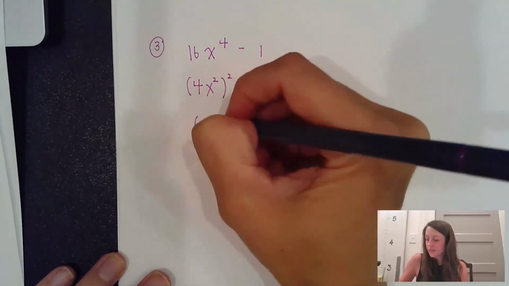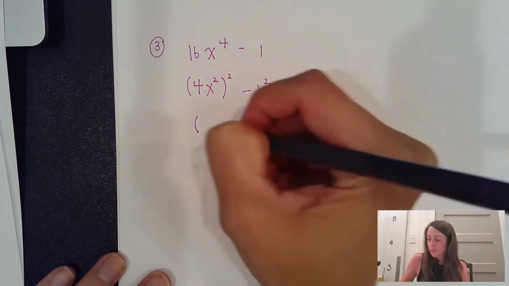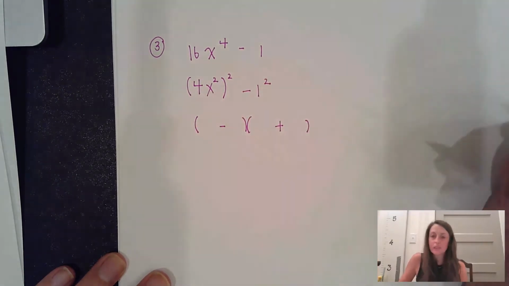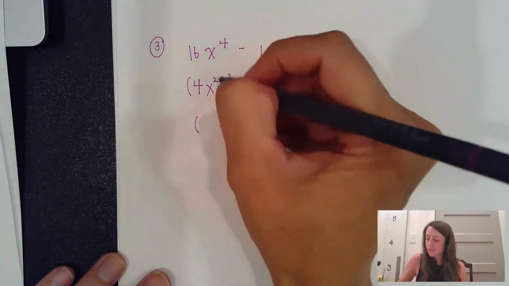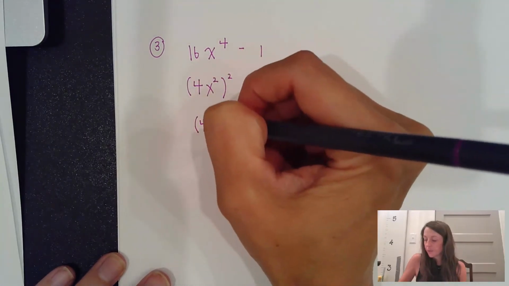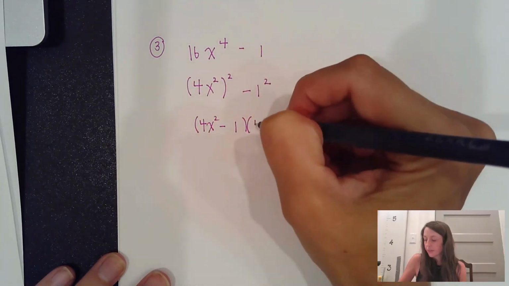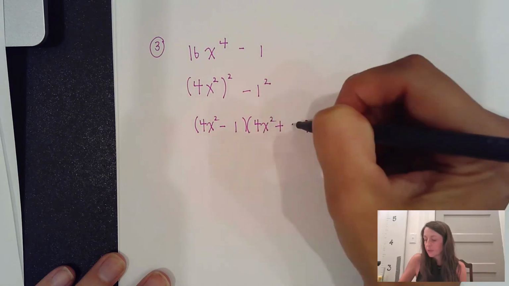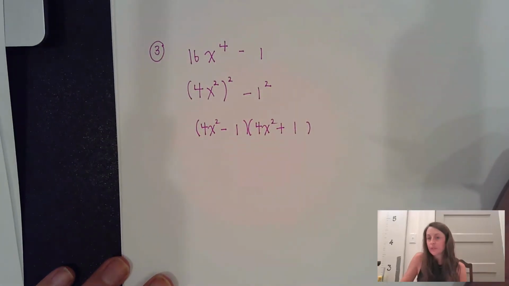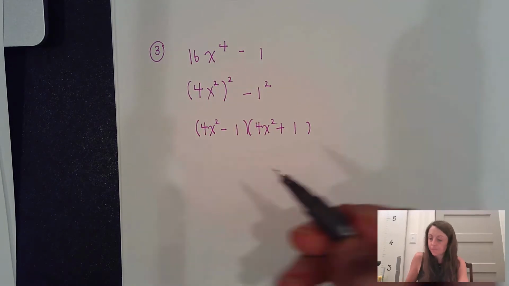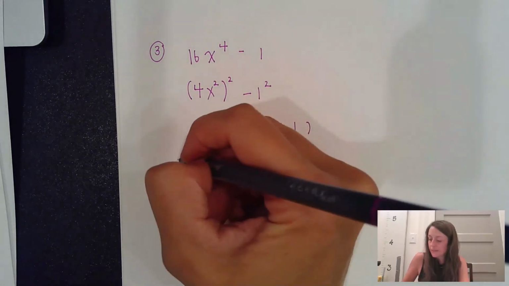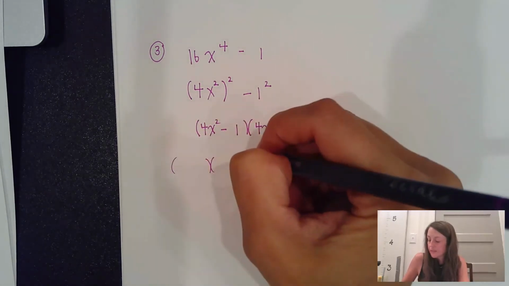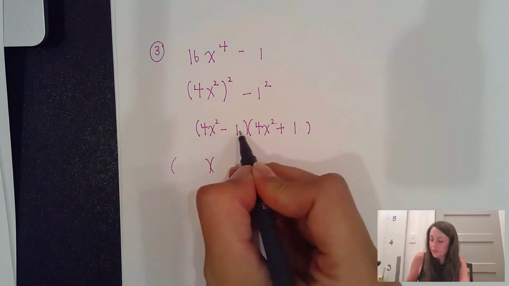So this is going to be binomials with one that's got a minus sign and one that's got a plus sign. So this is going to be 4x squared minus 1 and 4x squared plus 1. Can this one keep going? This one can keep going here. This minus 1 here is the difference of two squares.